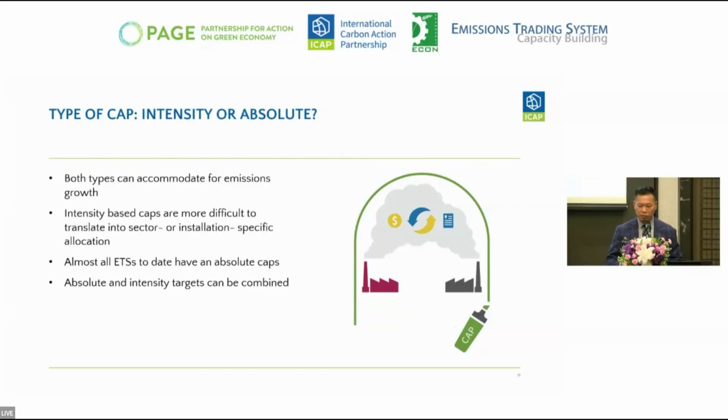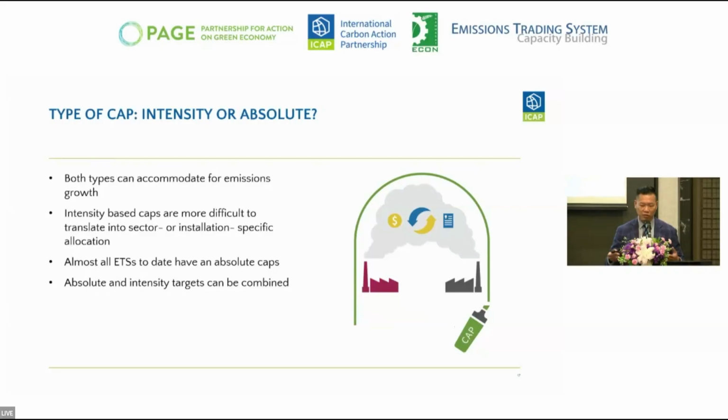And intensity-based caps are more difficult to translate into sector or installation-specific allocation. It's also difficult to see the contribution of each sector, and then how to balance between each sector in intensity base.